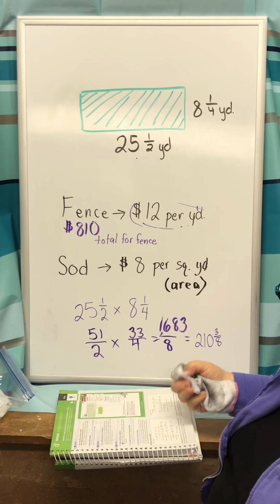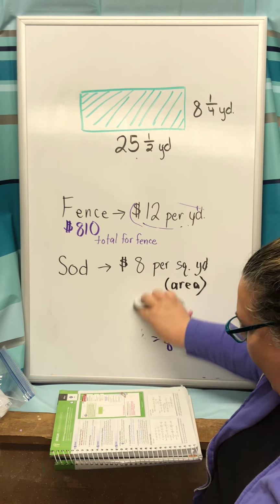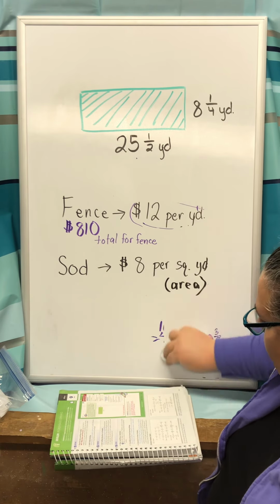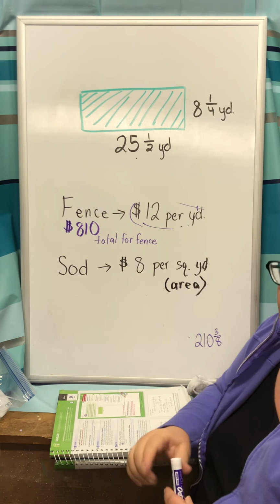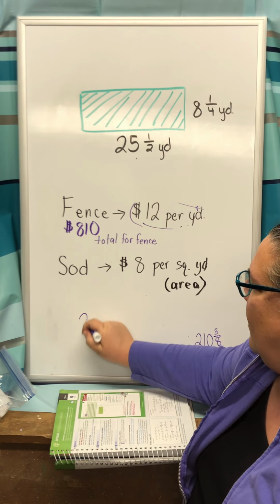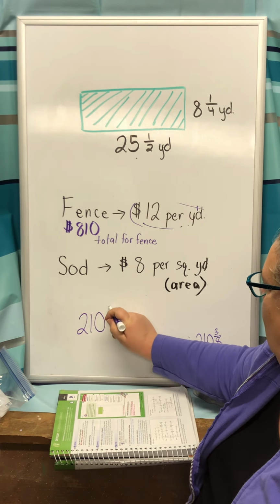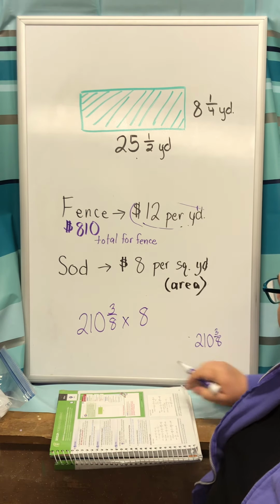And you can see already that these problems are not going to be just quick one-step problems. You have to really make sure that you're reading and thinking about what they want you to do in each of them. So I'm going to now do 210 and 3/8 times my $8.